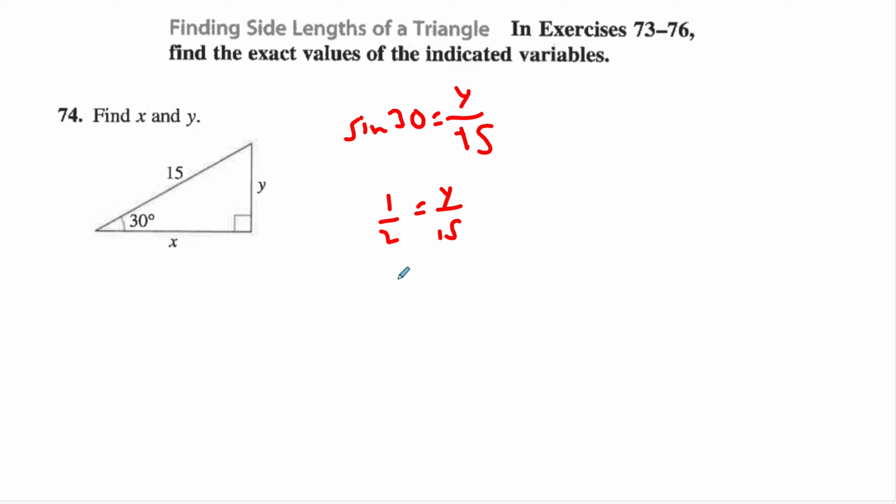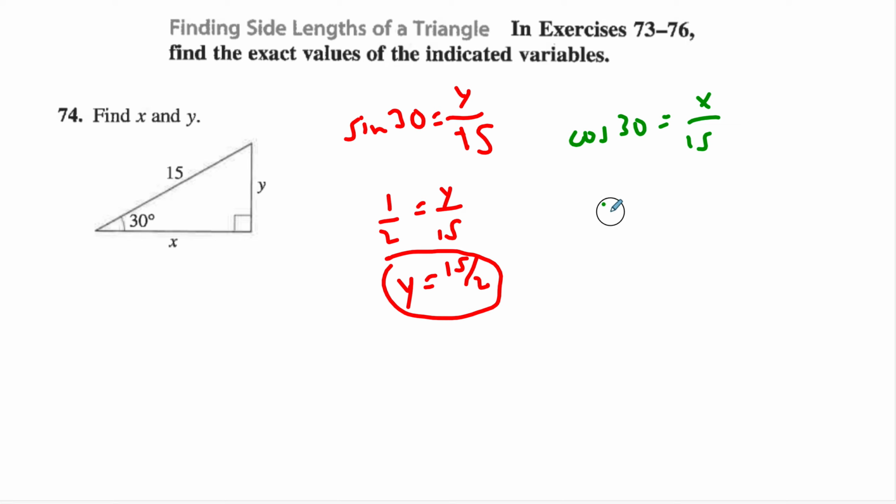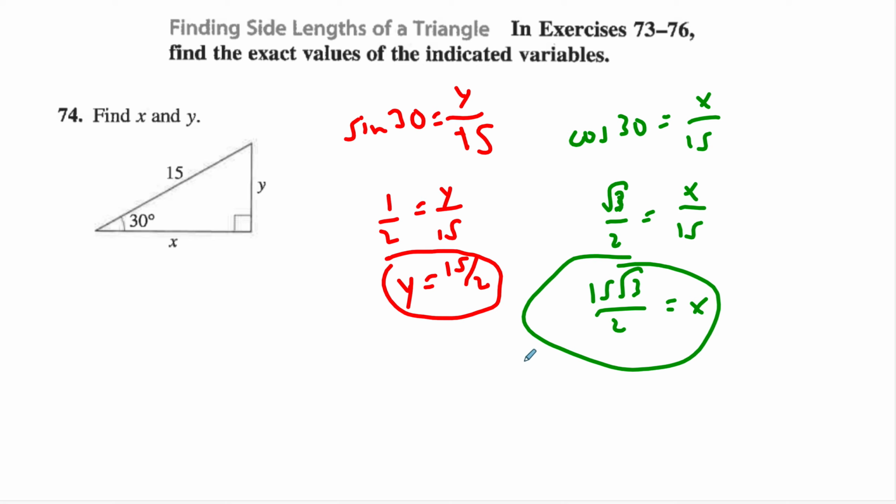Multiply by 15, y is 15 over 2. Cosine of 30 is equal to x over 15. Cosine of 30 is root 3 over 2. X over 15 multiplied by 15, so 15 root 3 over 2 is x. It says it's exact, we're going to leave it like that. No decimals. Okay?